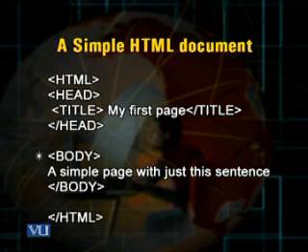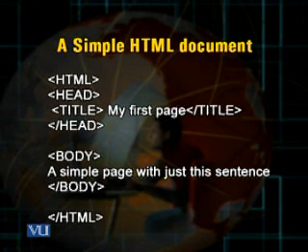Then comes the body tag, which has its closing tag. And I have written one sentence, a simple page with just this sentence. Remember, all your content, your images, pictures, hyperlinks, your formatted text, everything is contained in the body tag. The body tag is that tag in which you do all the operational work.